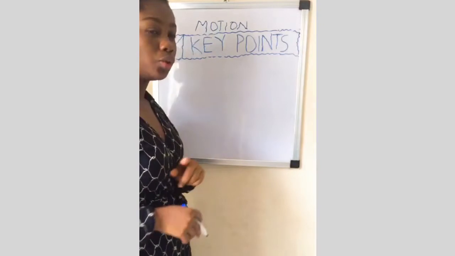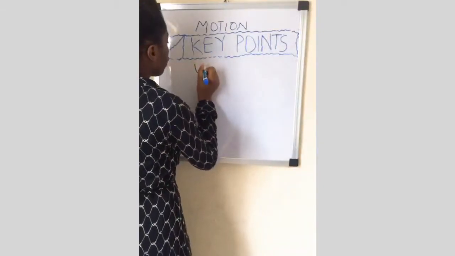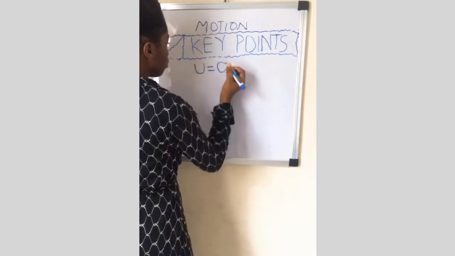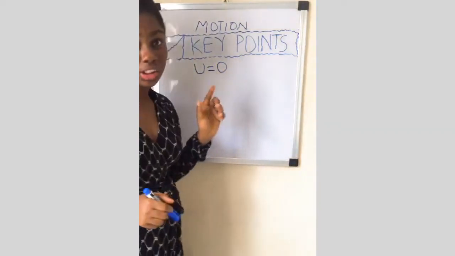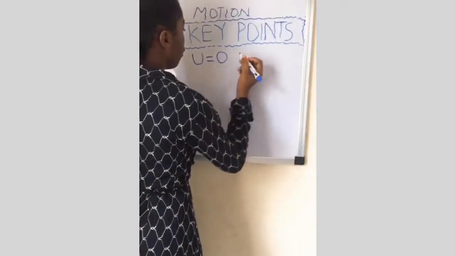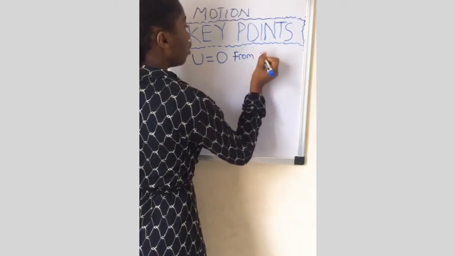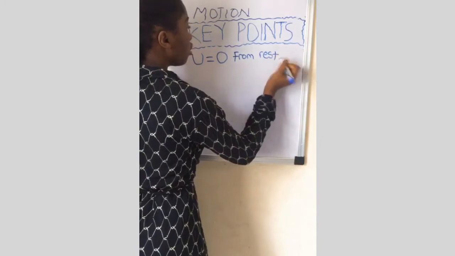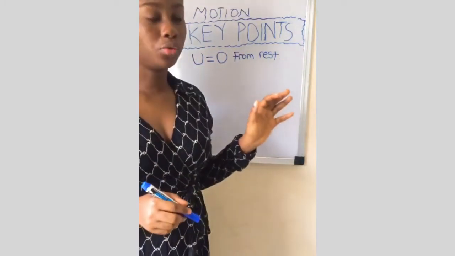Remember I told you that initial velocity is denoted with u. u equals 0 when a body starts from rest. So initial velocity is equal to 0 when the body starts from rest.